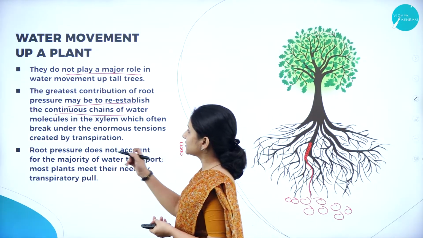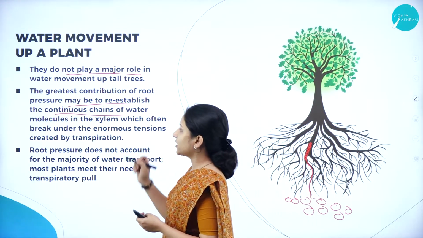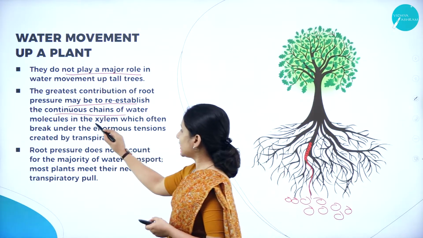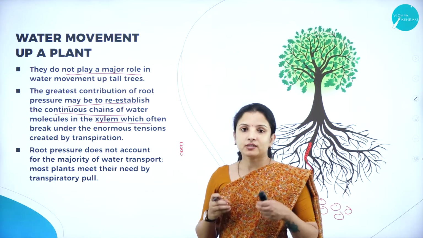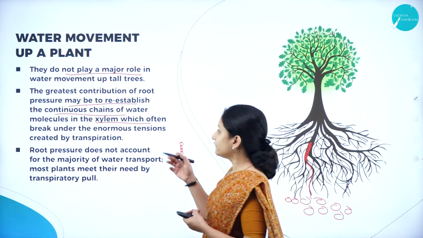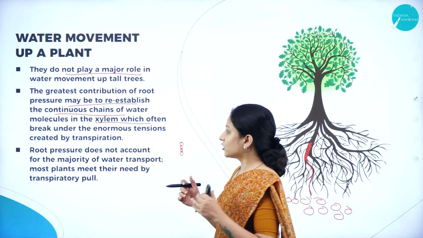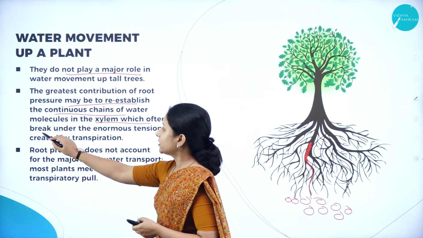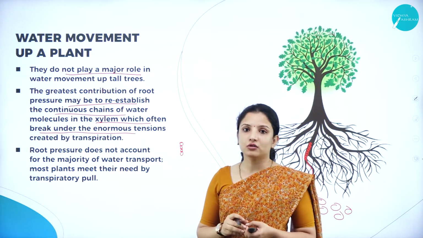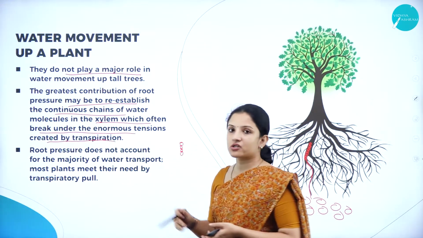So they should re-establish the continuous chains of water molecules in the xylem, but the root pressure is not enough for the water molecules to form a continuous chain. Here the chain often breaks because of continuous tension that is created by transpiration.